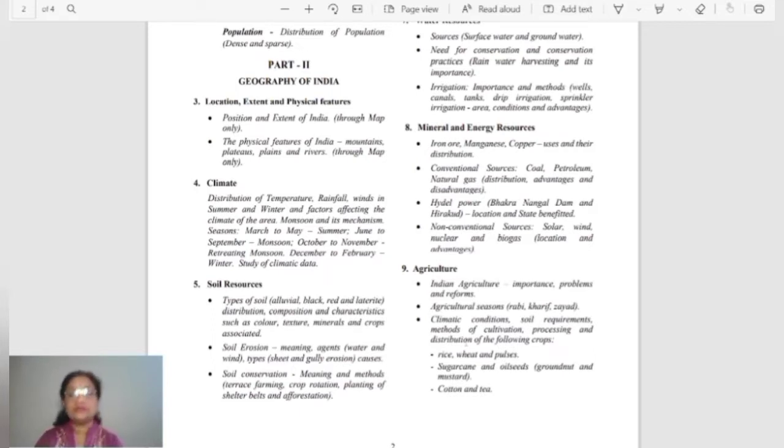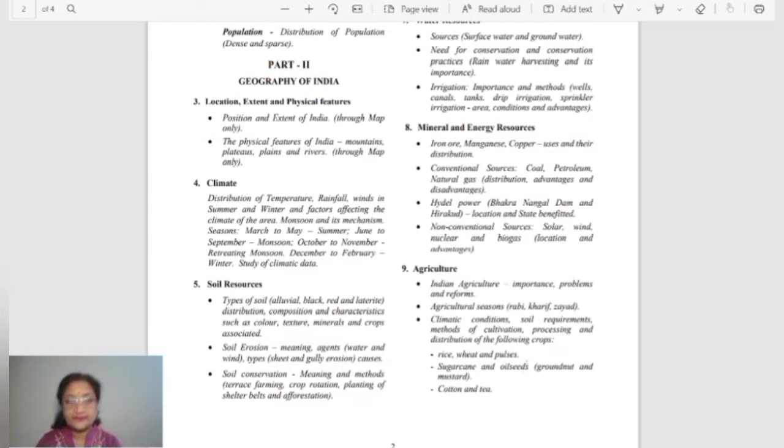Now come to the third chapter of the agriculture unit. Under that you will find the cash crops. The third and fourth parts comprise all the cash crops. Especially in the third part you will find sugarcane and oil seeds.